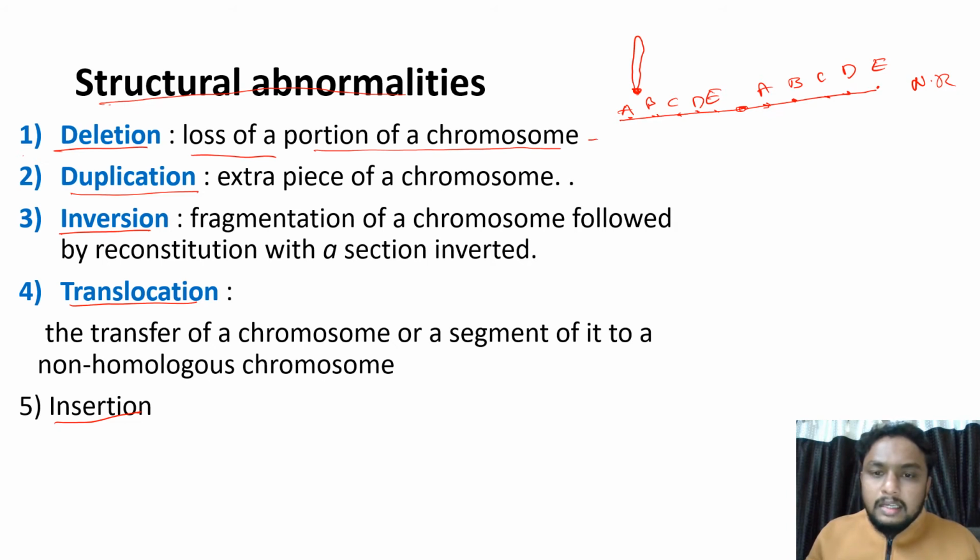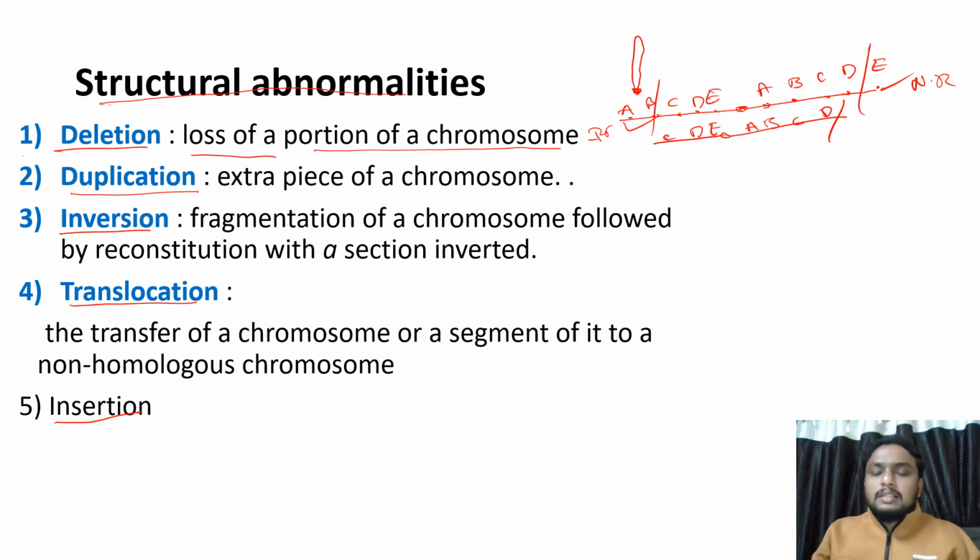Terminal deletion. For example, C, D, E in one, and A, B, C, D in another. What happened? Here E is missed, here A and B are missed. So some part at the terminal end of the chromosome is missing.